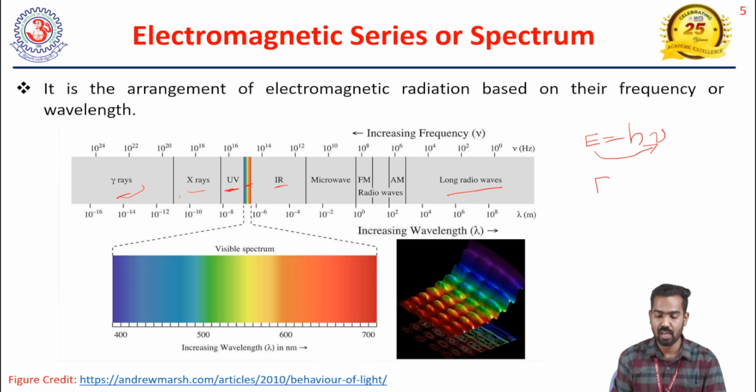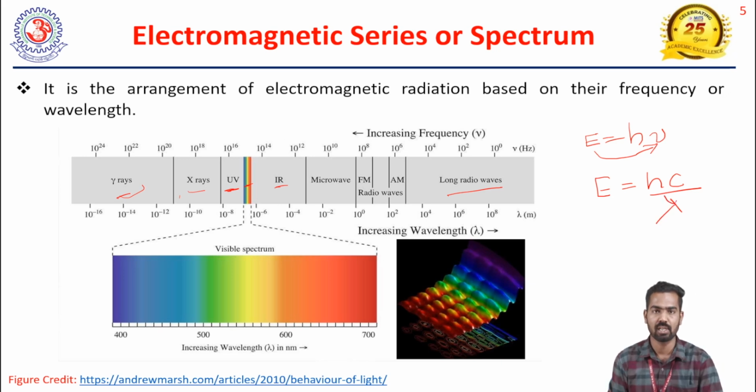In the same way, how will you connect the energy with the wavelength? It is very simple: E is equal to hc by lambda. What is lambda? That is wavelength. So you should know that the energy is directly proportional to frequency, and the energy is inversely proportional to wavelength. That is a relationship you have to understand.